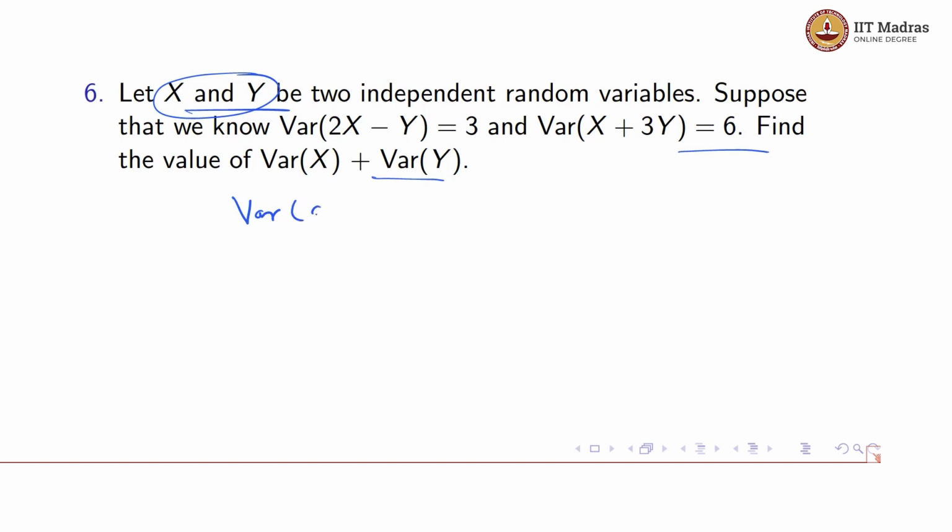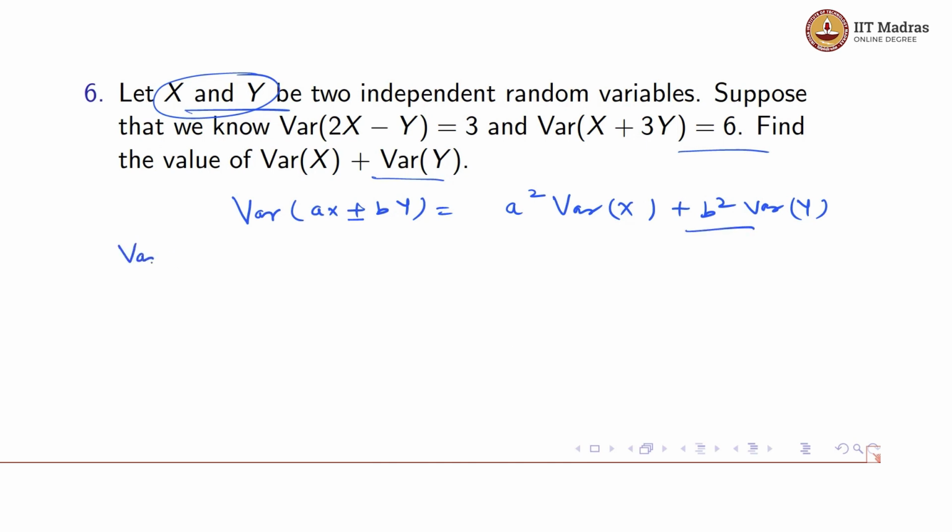When two random variables are independent, where a and b are constants, even if it is minus here, in that scenario variance of aX plus bY is nothing but a square variance of X plus b square variance of Y. We'll use this property to solve this question.